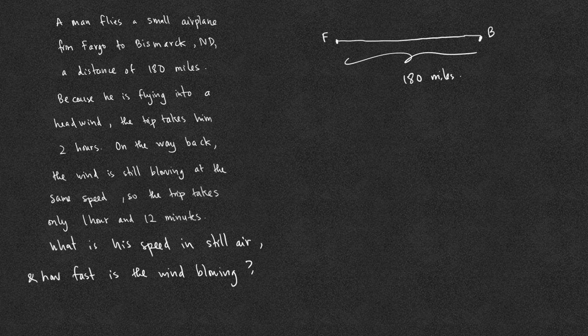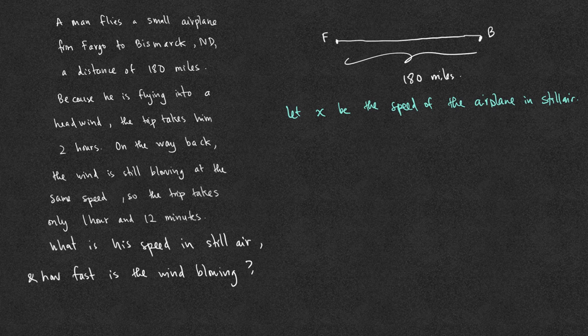In most cases, we will let the quantity be a variable. We use generic variables x and y, but sometimes we use suggestive letters as well. In this case, we will let x be the speed of the airplane in still air.